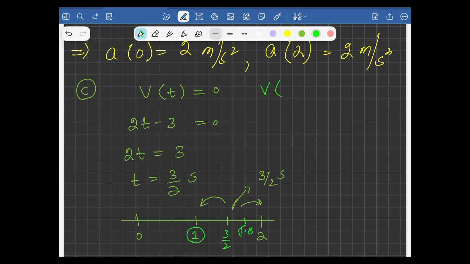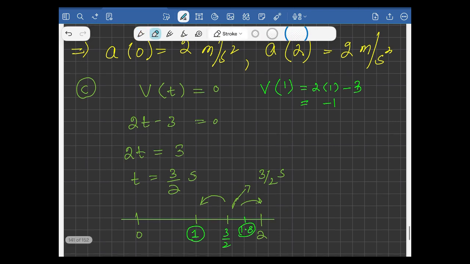It should be in between the endpoints. So for 1, the velocity is 2 times 1 minus 3, which ultimately becomes 2 minus 3, which is minus 1 meter per second.